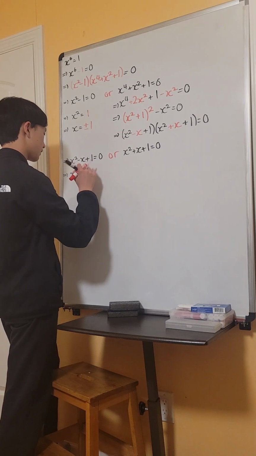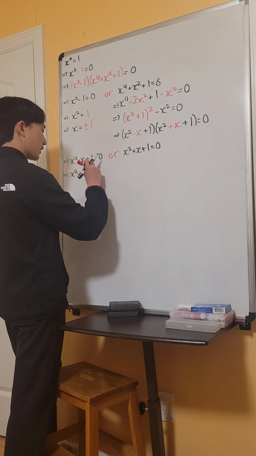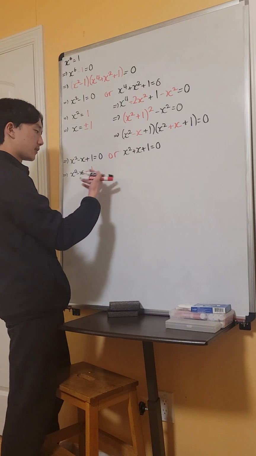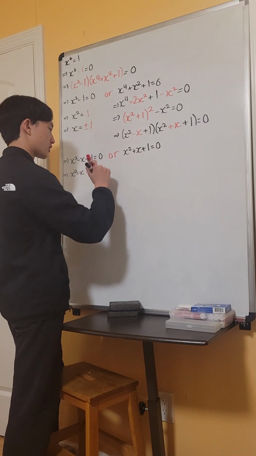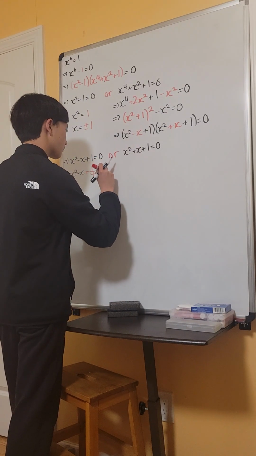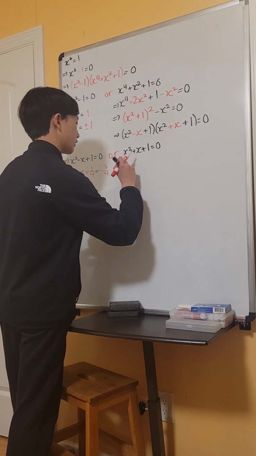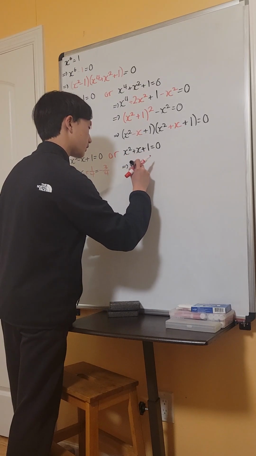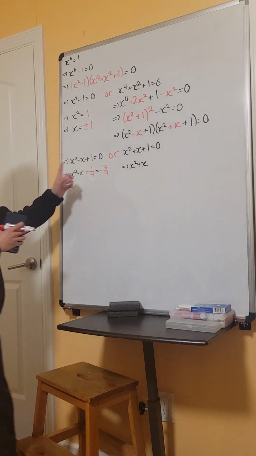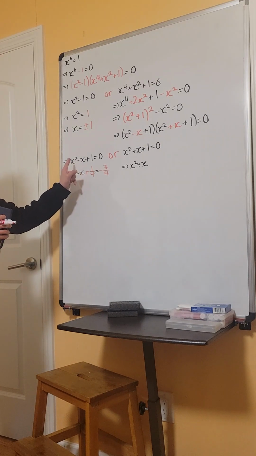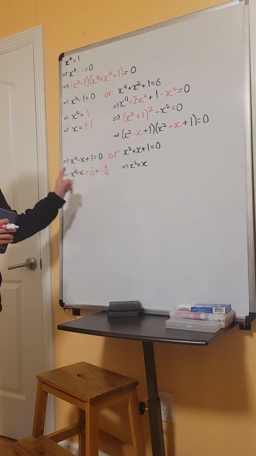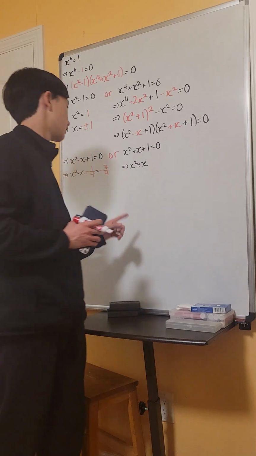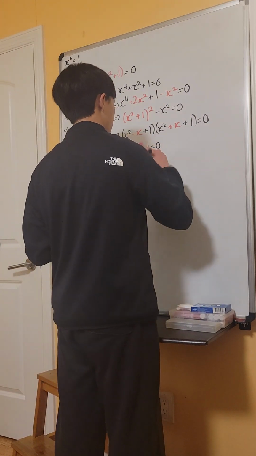X squared minus x. To complete the square for that, you want this to be 1/4, and to make it 1/4, you have to subtract 3/4 on both sides. Right, and then here, same thing. Because the polarity of this middle term, as long as the coefficient is the same, whether it's plus or minus, it doesn't matter. The value to complete the square is still going to be the same.